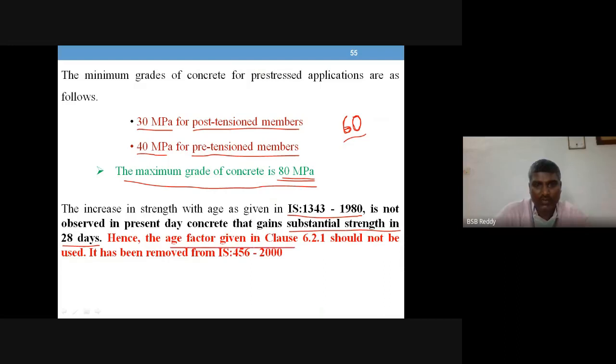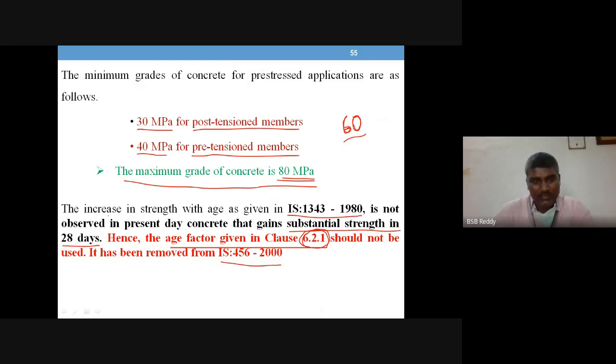Hence, the age factor in clause 6.2.1 shall not be considered. So it is removed from IS 456:2000. If you want to calculate the strength of the concrete after 28 days, the age factor shall be neglected. So that is what this says.